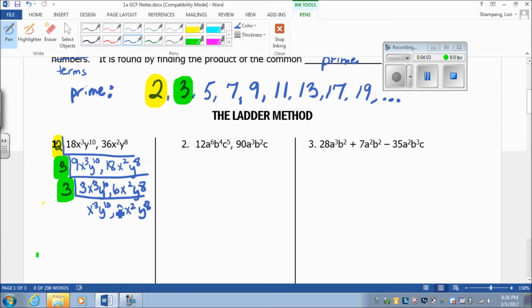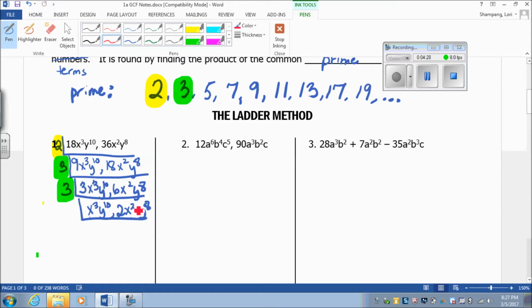So now we need to figure out how we're going to factor out variables. And it's a real easy trick. You look at common variables, for example, x and x. You can factor out the variable with the smallest exponent. So if we look at these two and we compare, we have x to the third power and x to the second power.